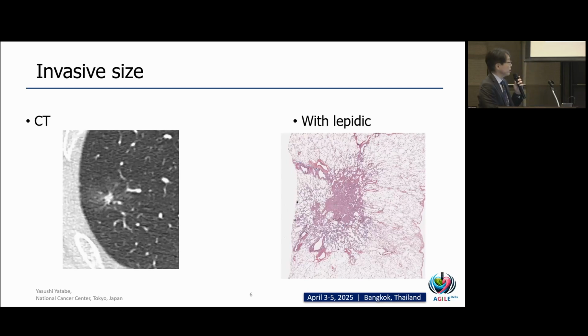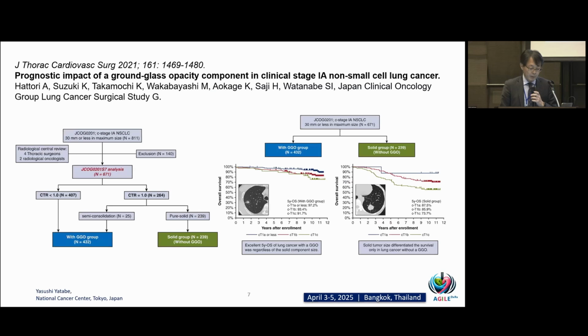In the histological features, this is the range of the tumor, and this GGO region corresponds to these areas. We have already discussed the tumor with GGO, which we now call non-solid.